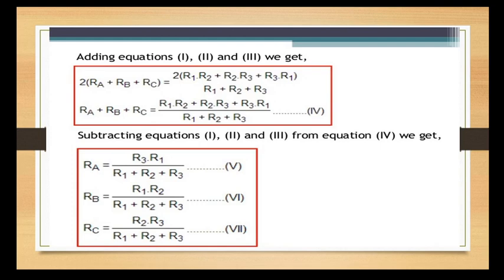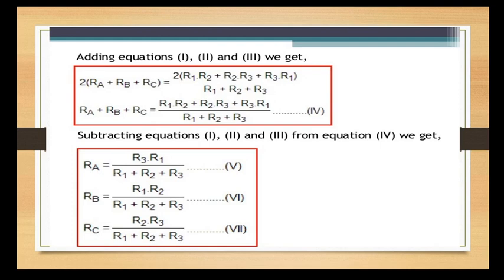So for delta to star transformation, the resistance of each arm, that is RA, RB and RC of the star, we know that RA, RB, RC are the resistances in the star connection, isn't it? So the resistance of each arm of the star is given by the product of the resistances of the two delta sides that meet at its end.